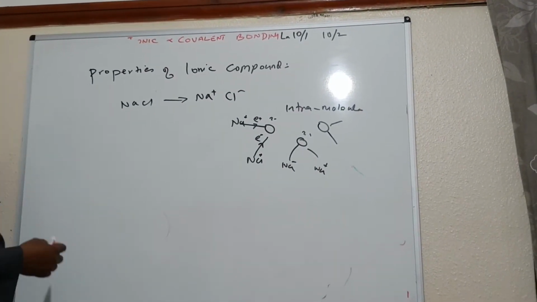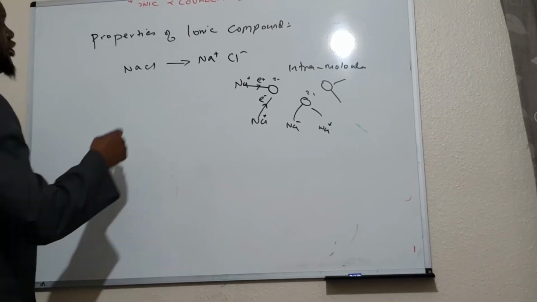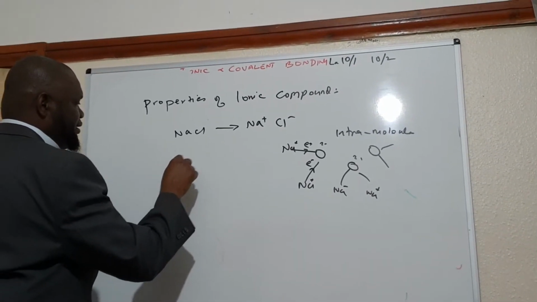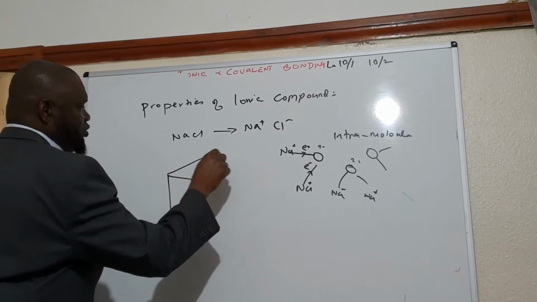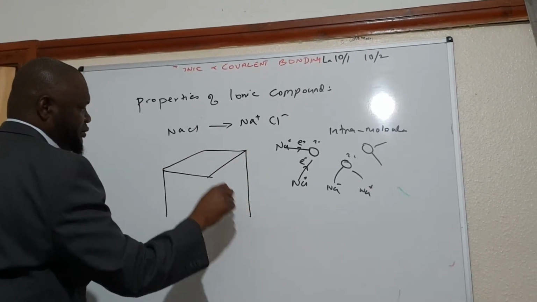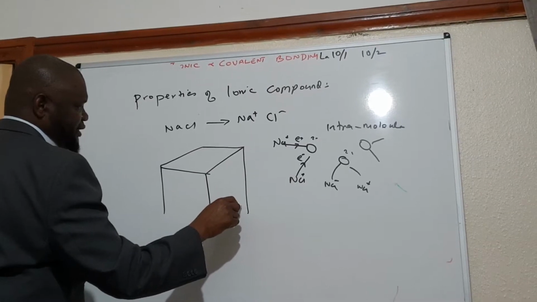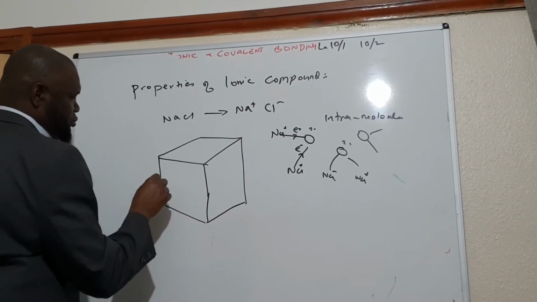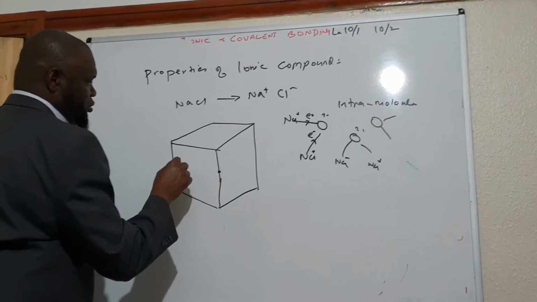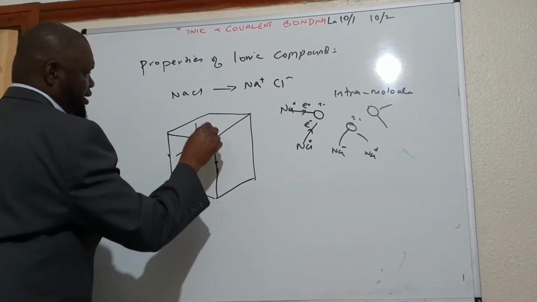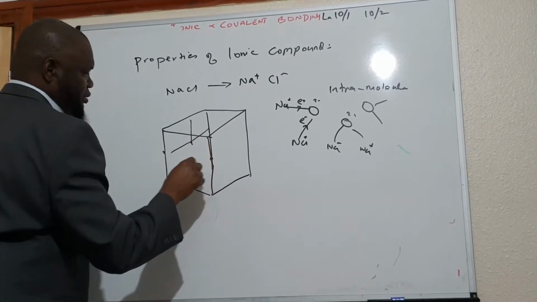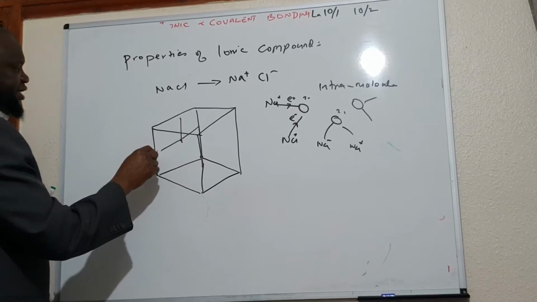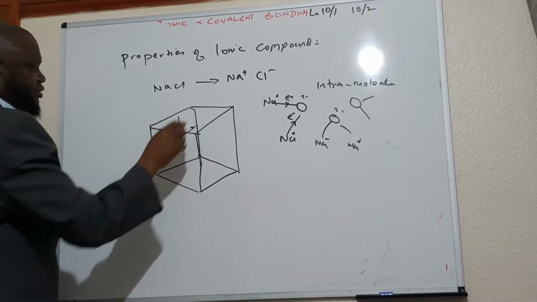The structure of sodium chloride is in the form of a lattice, like a box. Even in the middle, it will be like that. Positive, negative, negative, positive, negative.